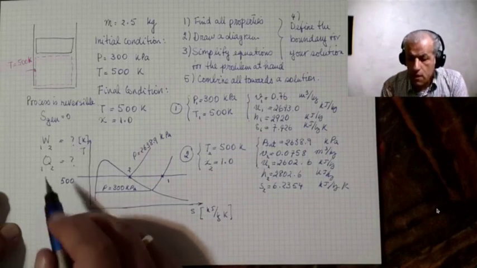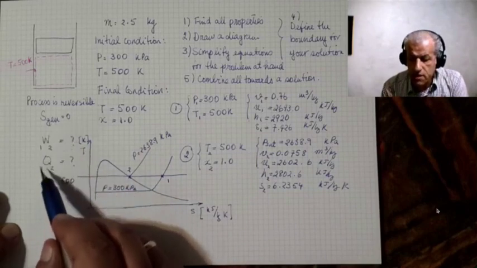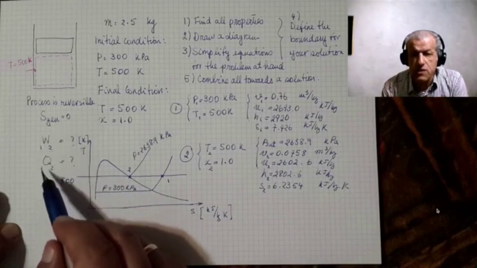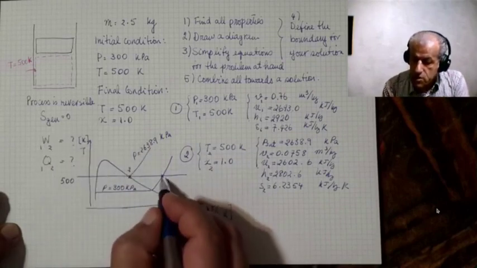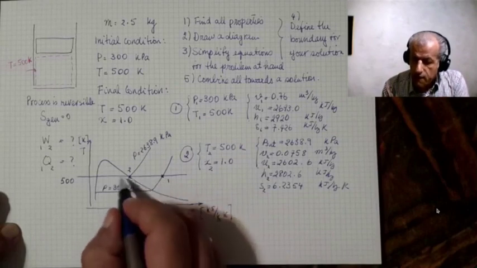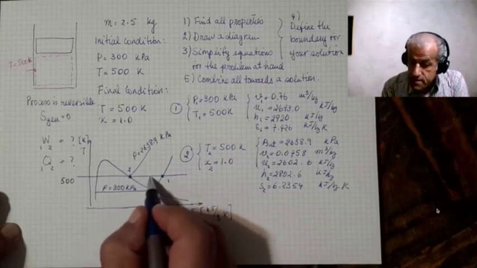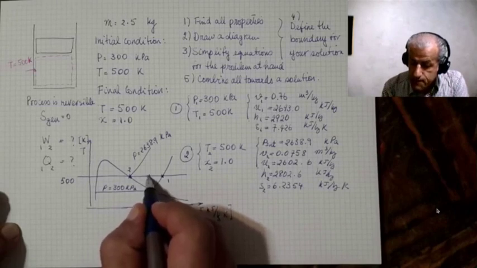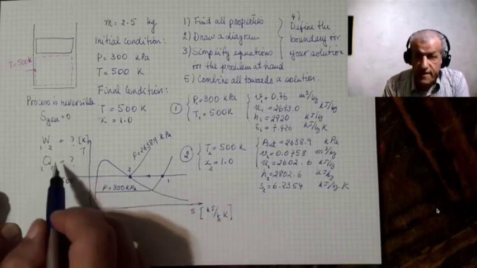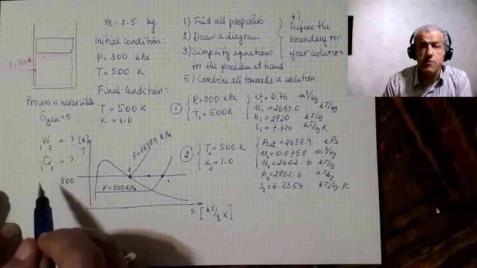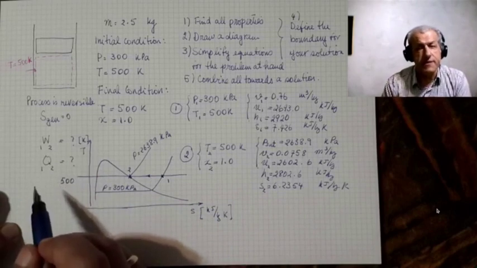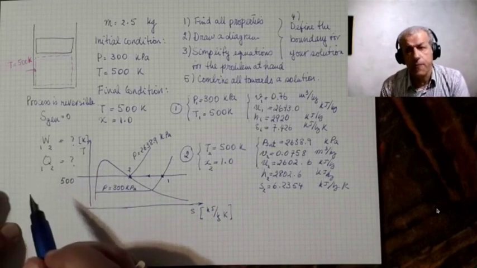So regardless of any combination that happens between these three, our initial point is here, our final point is here, and the process is over this line. And that's a very important point.